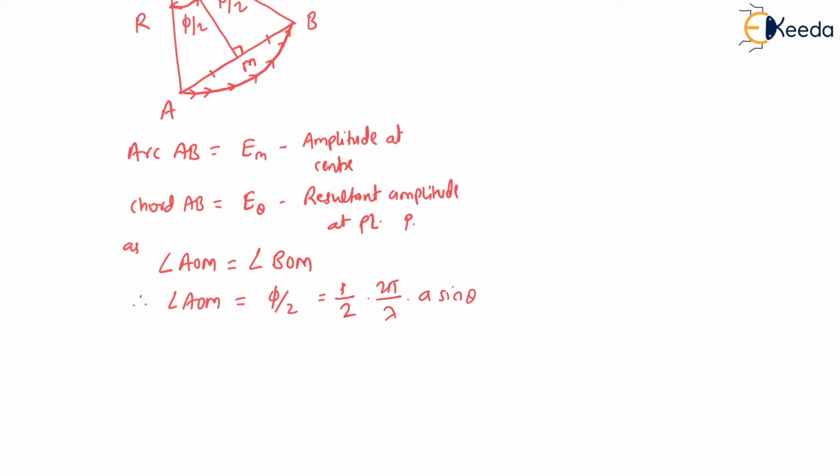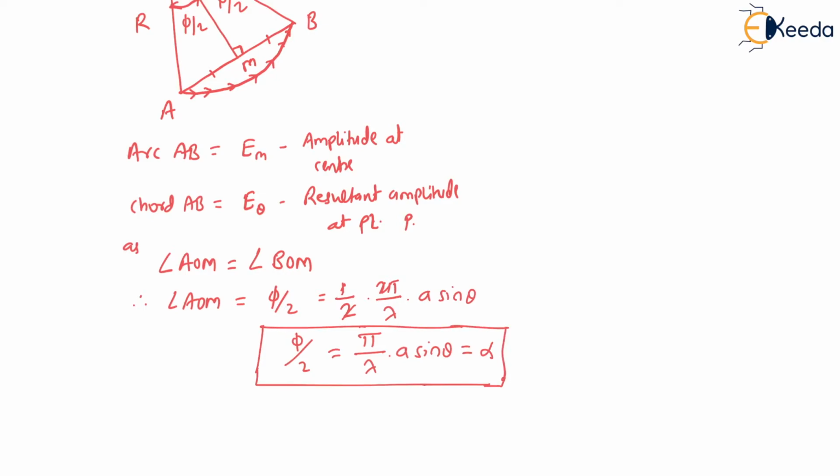Again here, this 2 will get cancelled, and the rest of the term is pi upon lambda into a sine theta. This is the value of phi by 2. Let this value be alpha. Remember these equations.